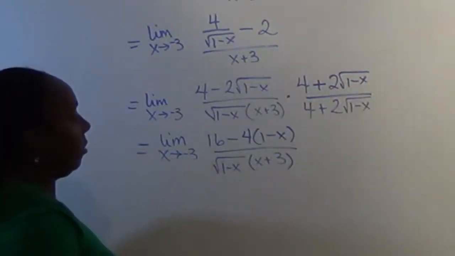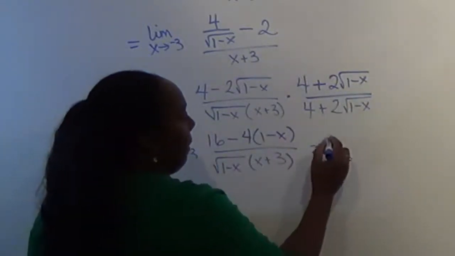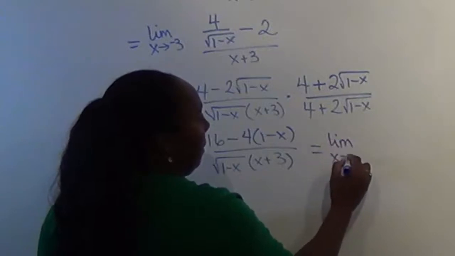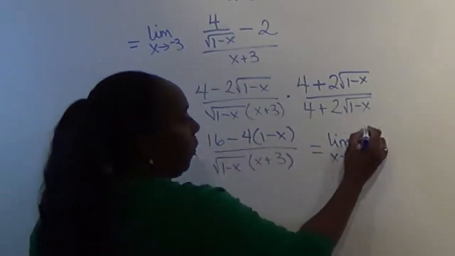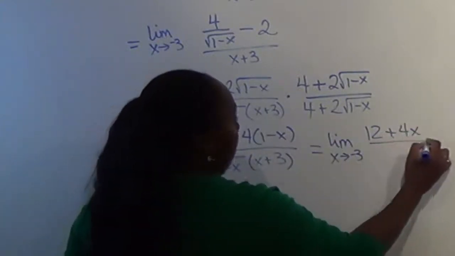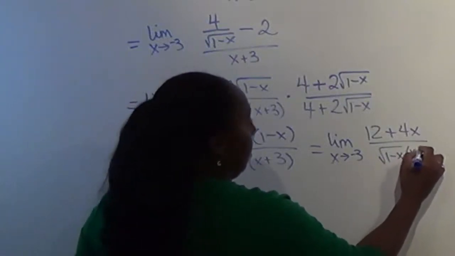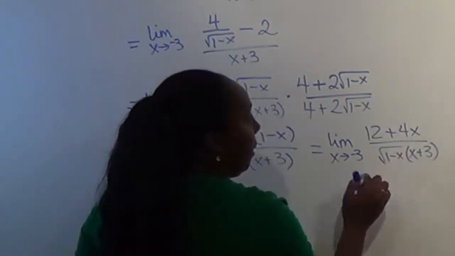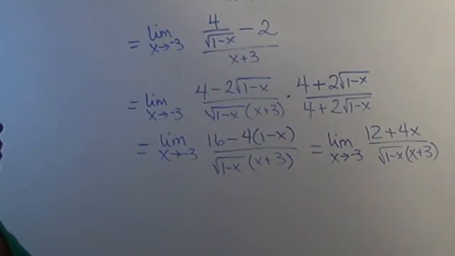So here it doesn't look like anything cancels, but if we rewrite this, so we can see we'll get a 16 minus 4 plus a 4x over the square root of 1 minus x times x plus 3. And so here we can see when we factor out the 4, those x plus 3's will cancel out.